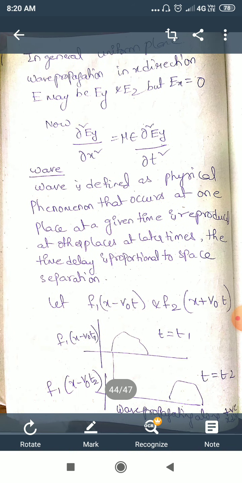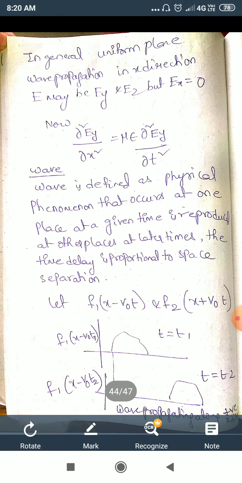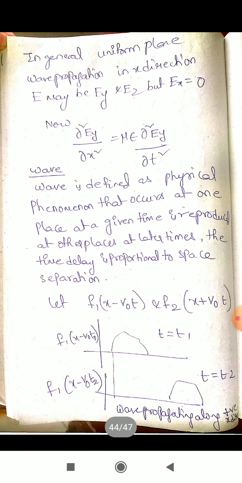In general, for a uniform plane wave propagating in the x direction, E or H is independent of y and z, and the other components Ey or Ez may be present, but the Ex component is equal to 0.